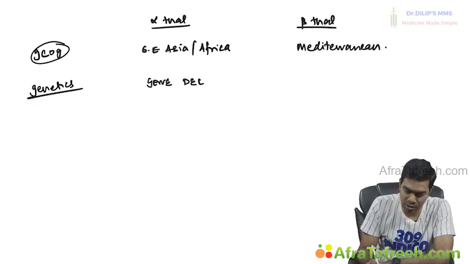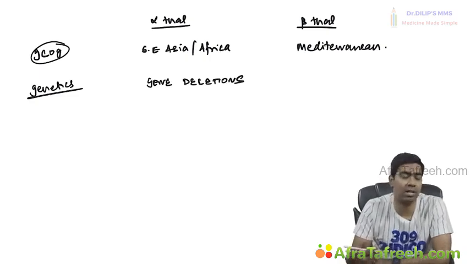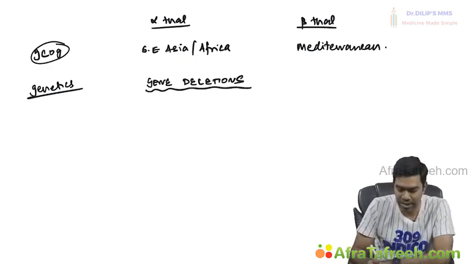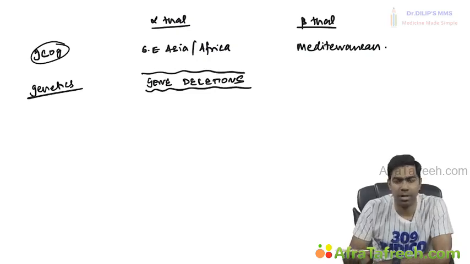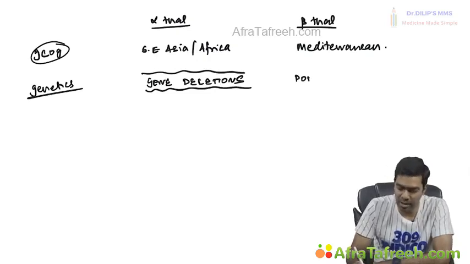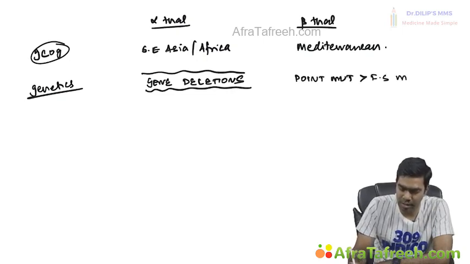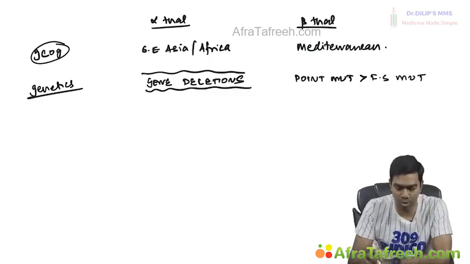There are a lot of other genetic reasons for alpha thalassemia as well, but gene deletions are the classical and most common. Beta thalassemia is generally due to point mutations or frame shift mutations. So that is why you commonly get a beta thalassemia.